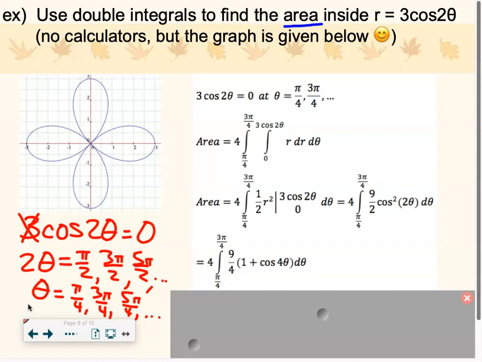And then that's just a number. So you anti-differentiate. Be careful because the antiderivative of 1 is theta. The antiderivative of cosine 4 theta is sine 4 theta divided by 4. Is that okay?